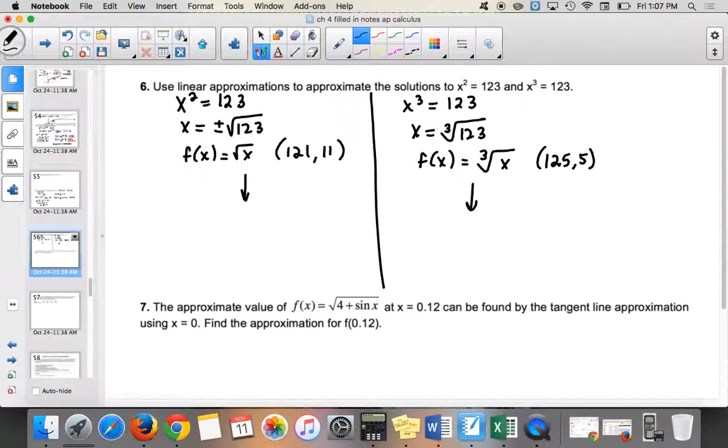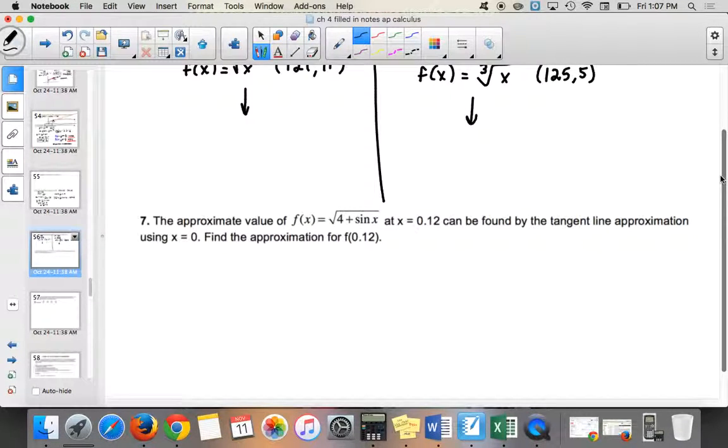So number 7 is one that was an actual AP question a few years ago. It says the approximate value of f of x equals the square root of 4 plus sine of x at x equals 0.12 can be found by the tangent line approximation using x equals 0. So find the approximation for f of 0.12. So you would just take the derivative, which is a little bit harder, right? Because this is f of x equals 4 plus sine of x to the 1/2.